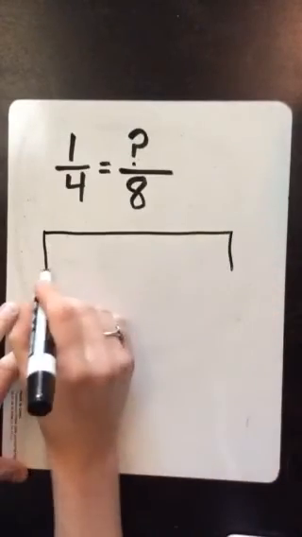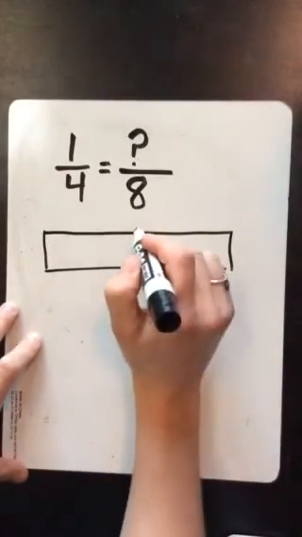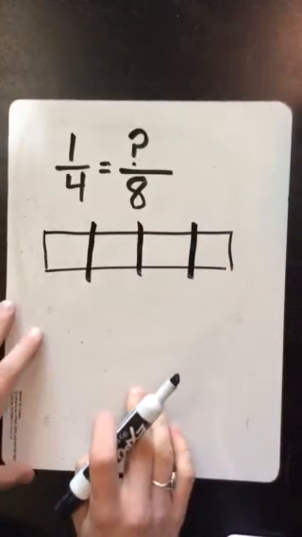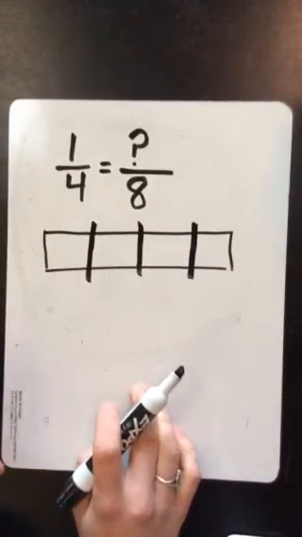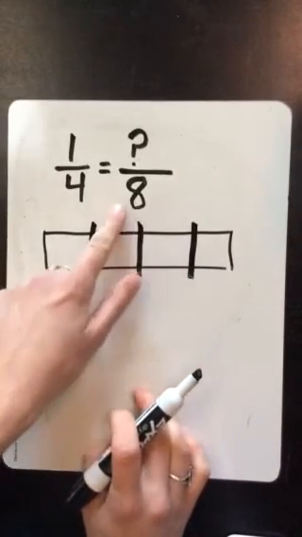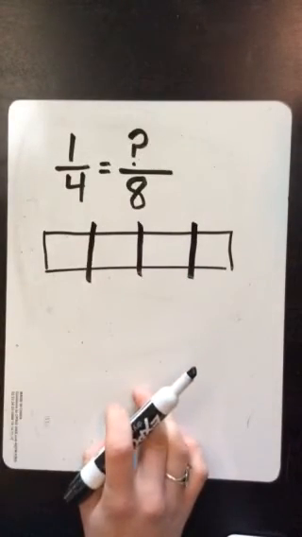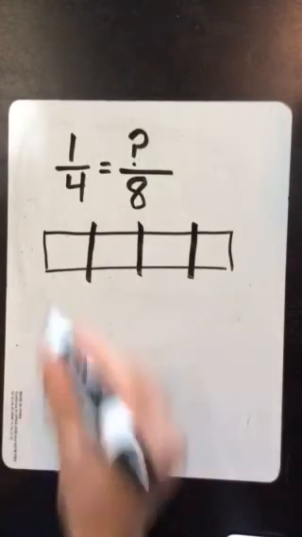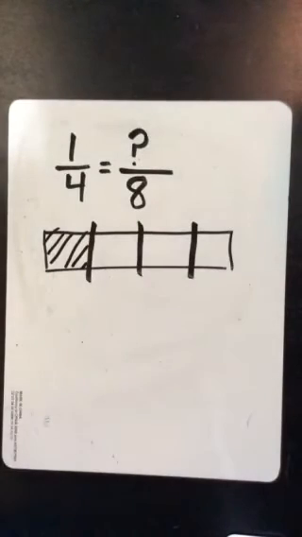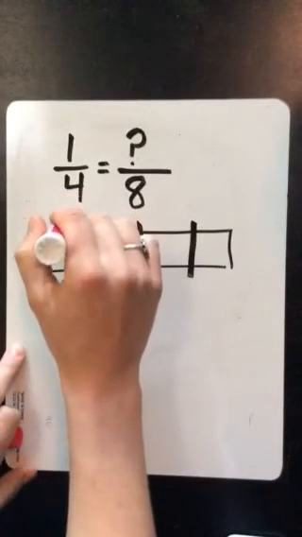With our whole here I have fourths. How am I going to make eighths? If I have 4 parts and I want 8 parts, first I'm going to represent my fourth. I know I can decompose each part in 2.